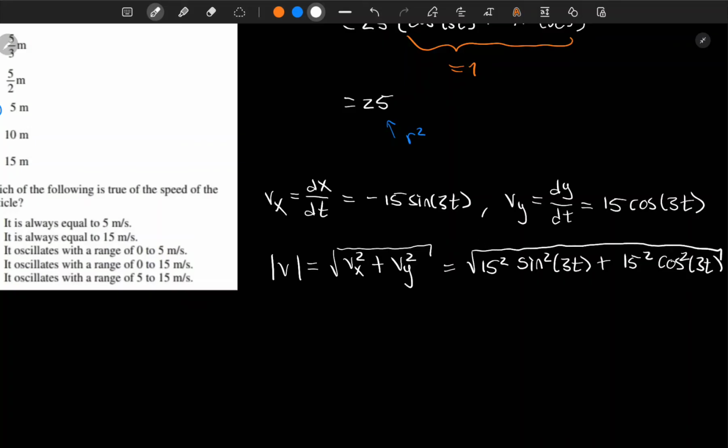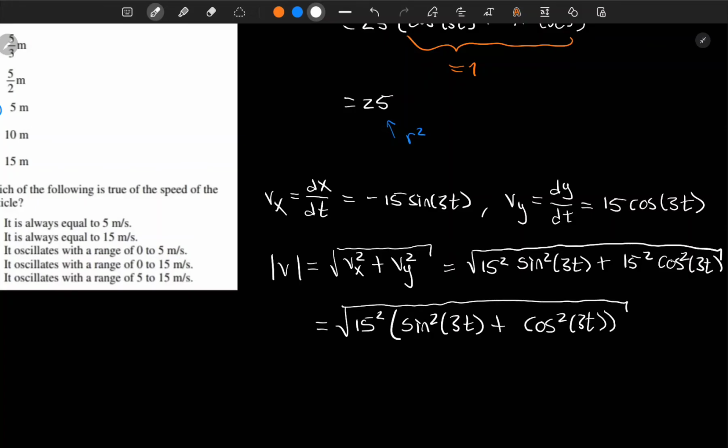Since both terms inside the radical have a 15 squared, we can pull that out, so it's the square root of 15 squared times sine squared of 3t plus cosine squared of 3t. But again, this sum of sine squared and cosine squared is equal to 1.